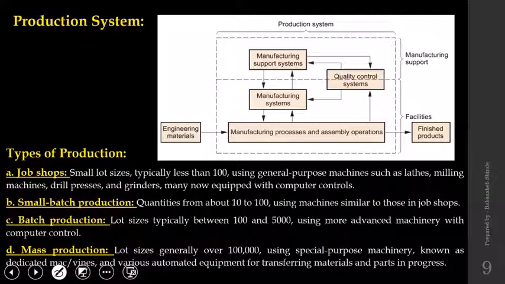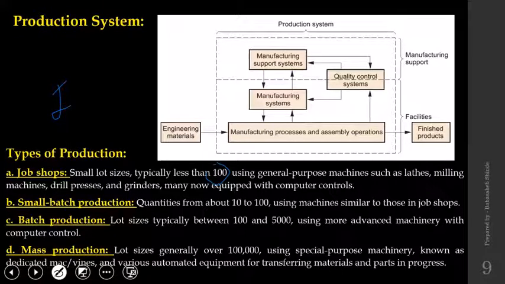Now the quantity is less than 100, or in most cases the quantity could be 1 also. Suppose I have manufactured one component for somebody who placed an order for that product, and in future that person never came to me for another order.